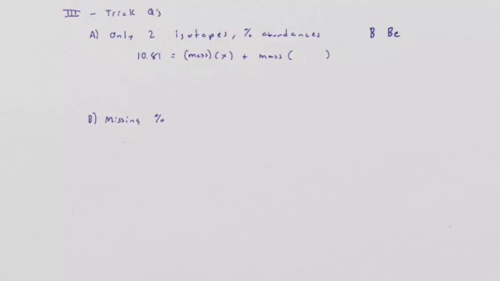So you have isotope 1 that weighs 10, isotope 2 that weighs 11, and you want to know their relative abundances. Well, you could call this X and you could call this Y, but then you have 2 variables.